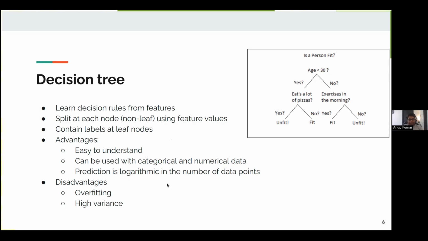However, a decision tree has a few disadvantages. It overfits quite a lot, because it captures specific patterns from the training data which are not very general, and tries to make decisions based on those specific features.